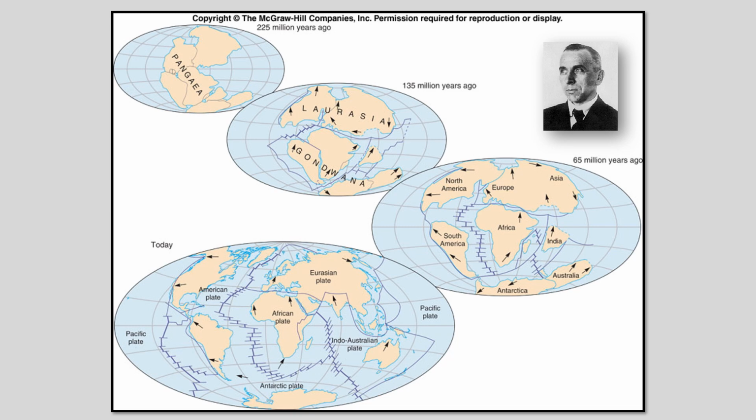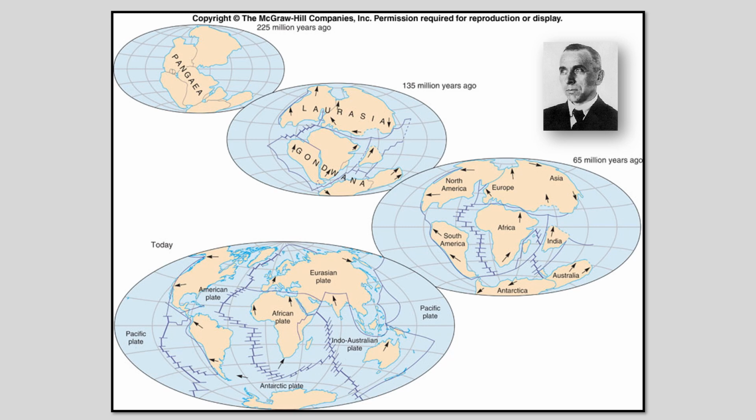And this is today. You can see 65 million years ago, there's this little piece of continent that someday will be India. Australia is still attached to what would be Antarctica. Well, India drifts and crashes into Asia, heaving up the greatest mountain range in the world, the Himalayas.